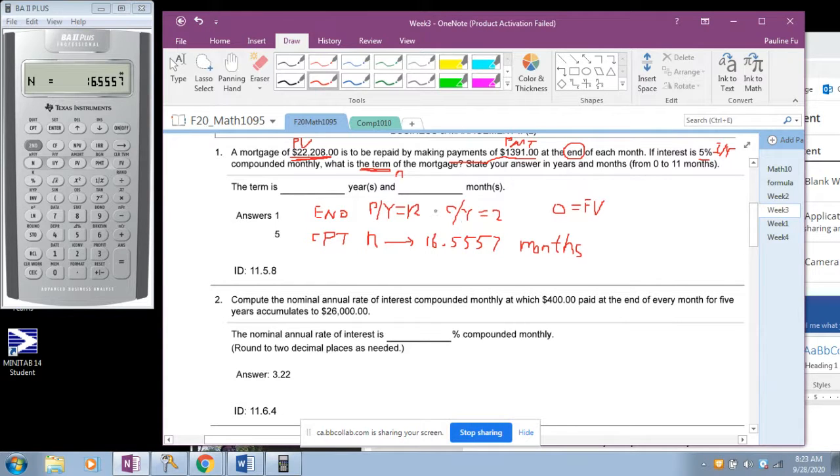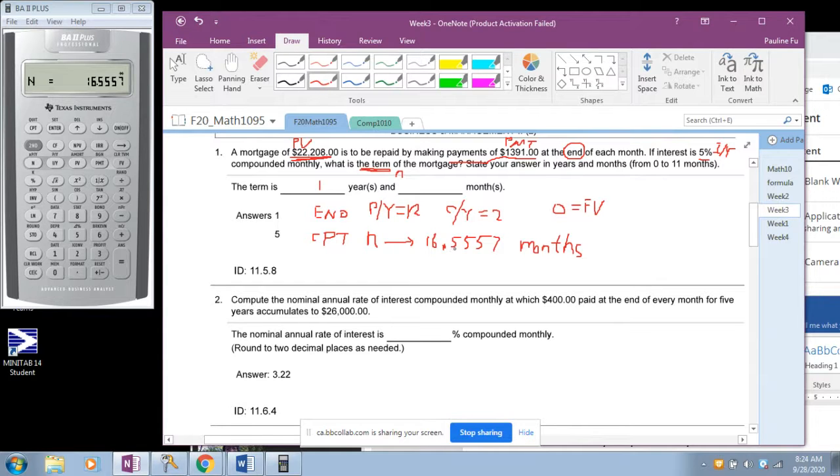But the question asks you, the term is how many years, how many months? So 16.5557 months is how many years, how many months? We know 1 year has 12 months. So for sure, this is 1 year. And then 16 minus 12, you get 4 months.